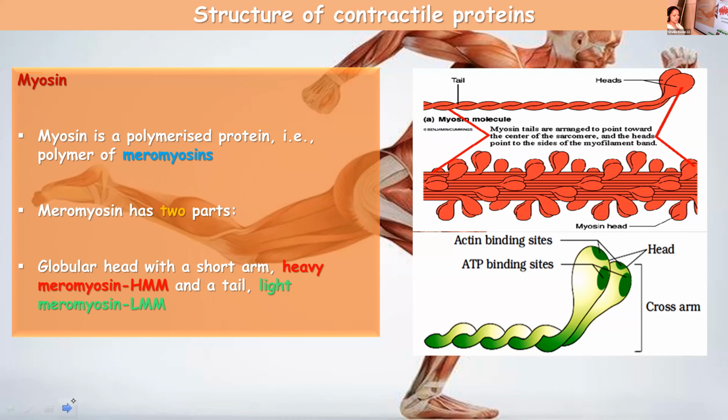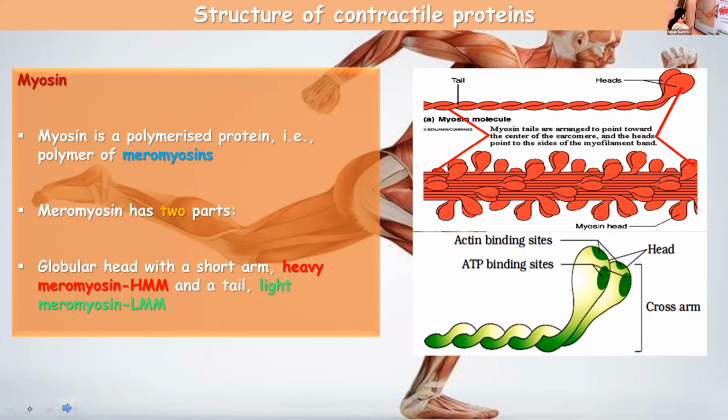So myosin is a polymerized protein, which means it's made up of several monomer units. You call the monomer units meromyosin. So meromyosin is the monomer which makes up the polymer myosin. Each meromyosin has two parts, HMM and LMM, heavy meromyosin and light meromyosin.